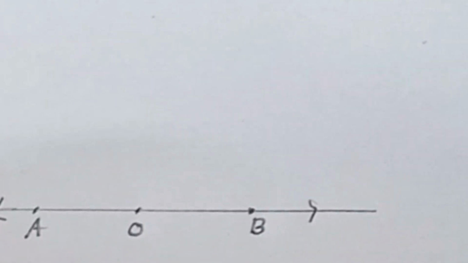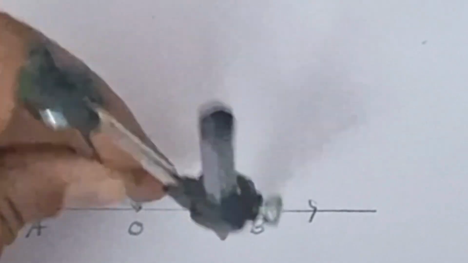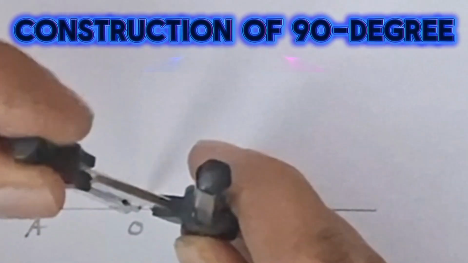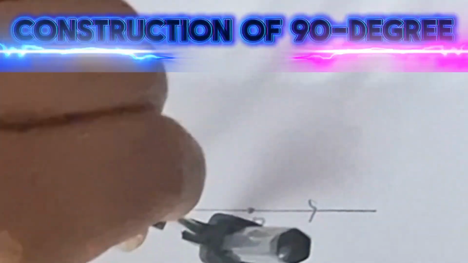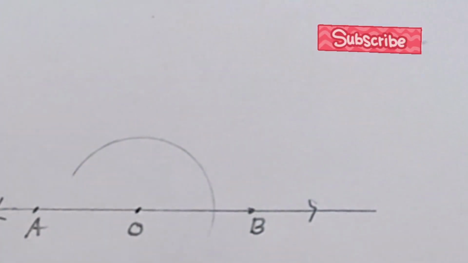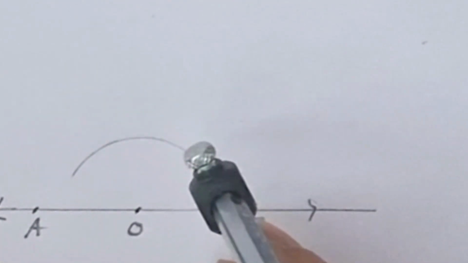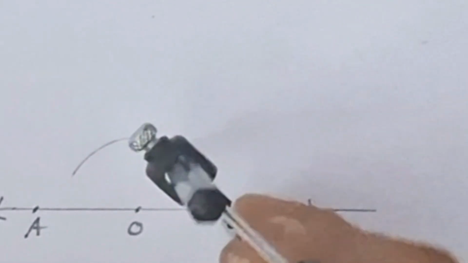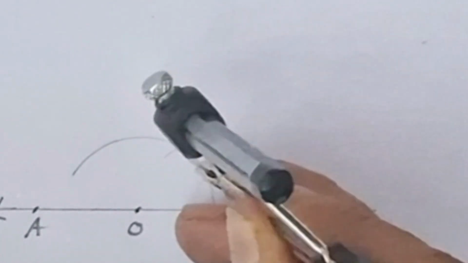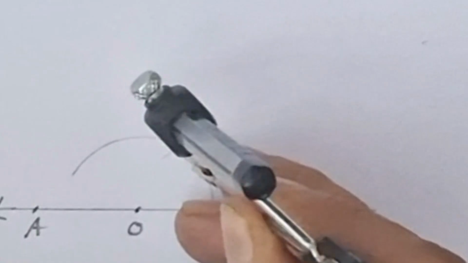First of all, we construct an angle 90 degree using compass, pencil and ruler. Already we discussed how we can draw an angle 90 degree using compass, pencil and ruler.